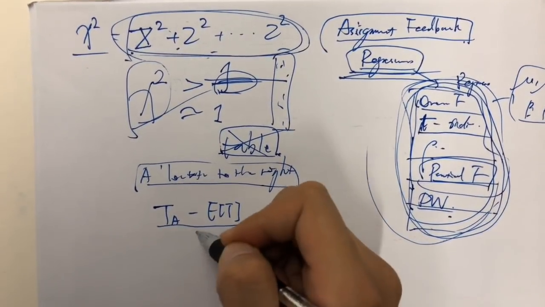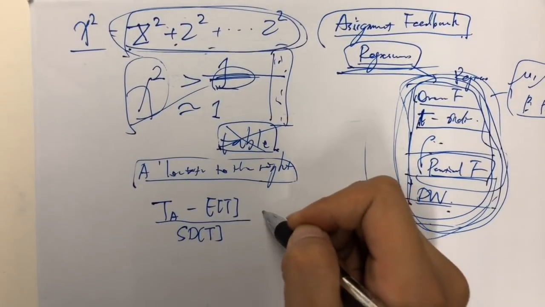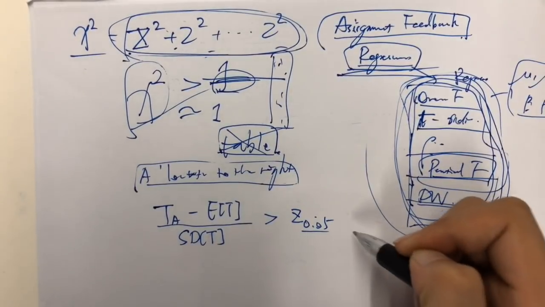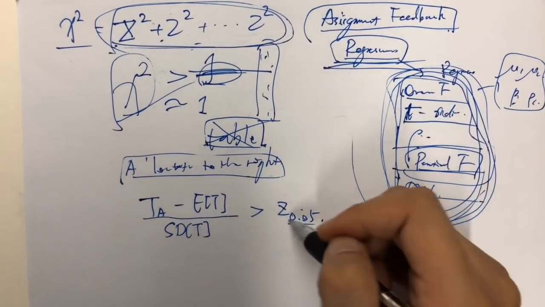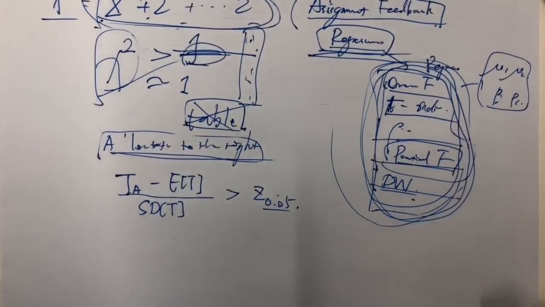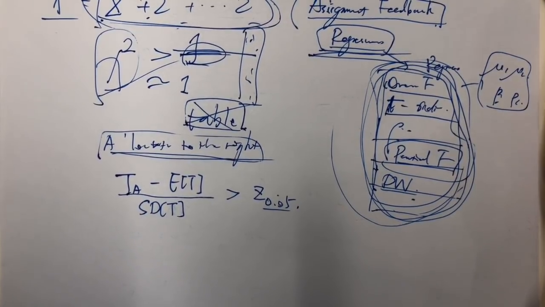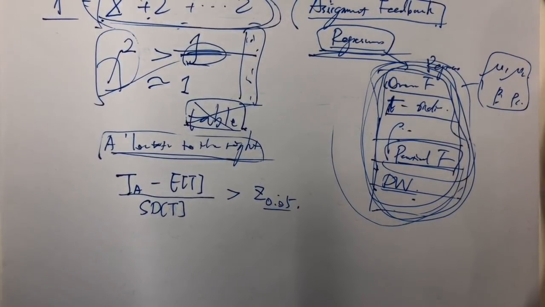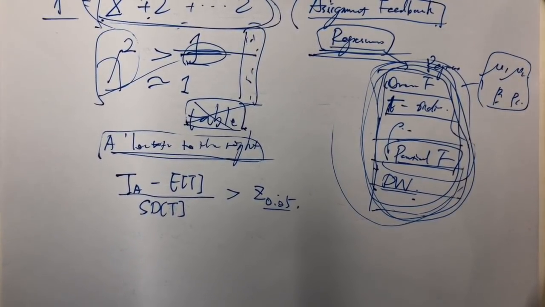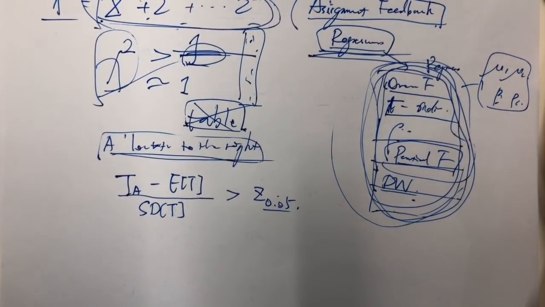And then divide by the standard deviation of T, and see whether this is greater than the critical value at 0.05 instead of 0.025, okay? So this is the one-tailed Wilcoxon rank sum test, right? Hi Tony, may I ask when will the F-test be a two-tailed test? Equality of variances is a two-tailed test.